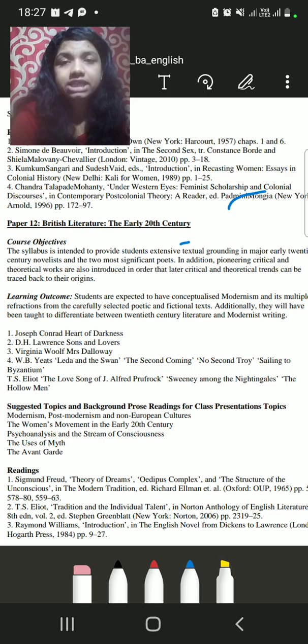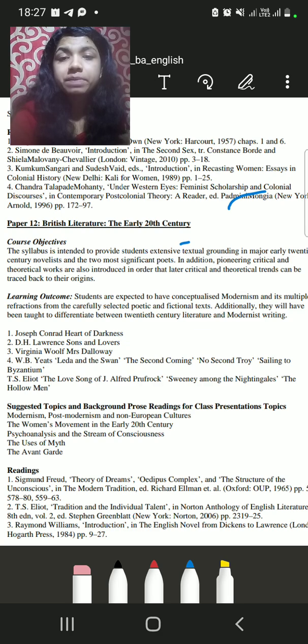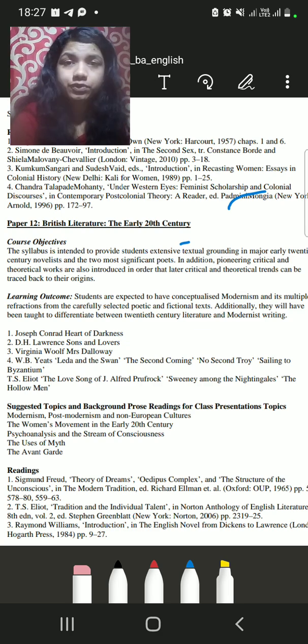So this text has been given with an objective, which says that you will be knowing early 20th century novels and two most significant poets, and in order to understand it you will be developing critical and theoretical understanding, which will not only help you to gain knowledge regarding this 20th century literature, but will help you in gaining knowledge of upcoming centuries' literature too.